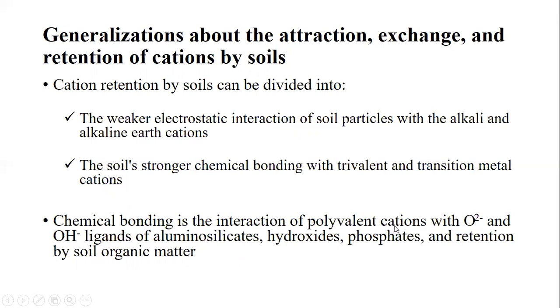Of course, the oxygens will be the oxygens on the colloids that we talked about, and OH- ligands of aluminosilicates, hydroxide, phosphate, and retention by soil organic matter, by humus. In this case, polyvalent means cations that have multivalency, can be trivalent or more, or the transition type metals.